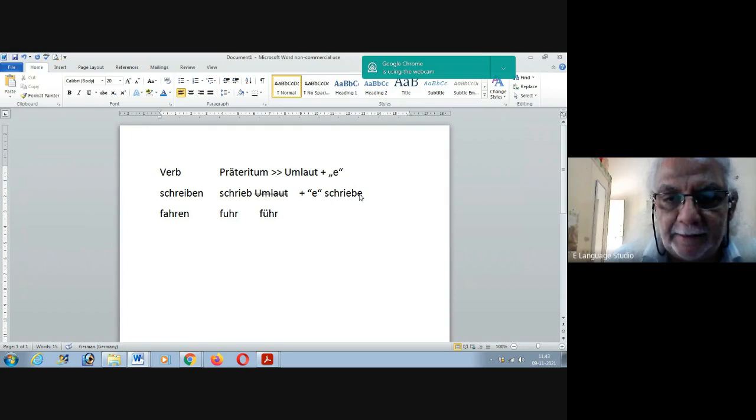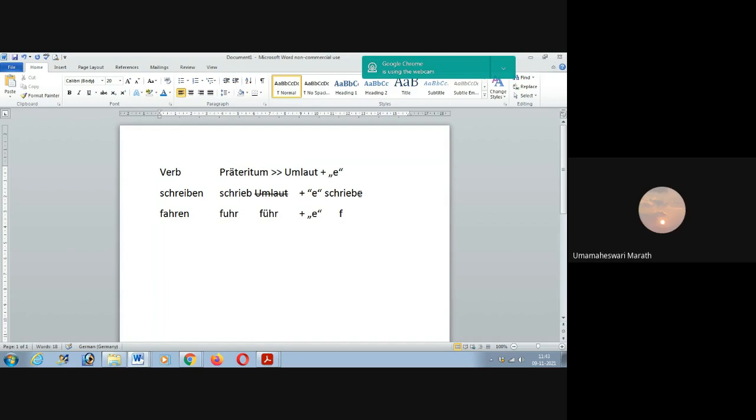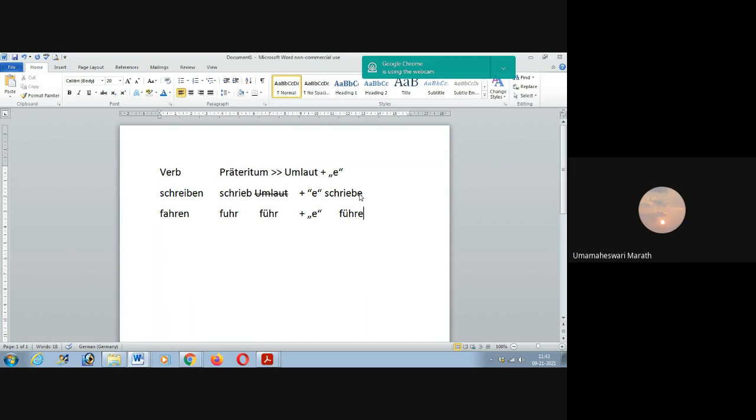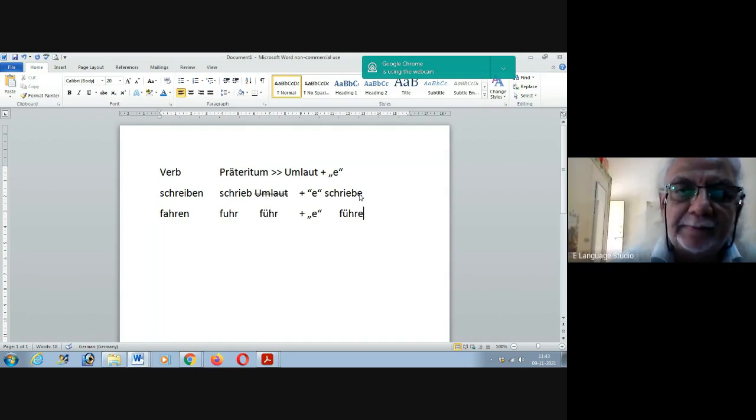Naturally, I can also add an E. What will be the Konjunktiv zwei form here? Führe. Would travel, would go. That's it. This is how it works.